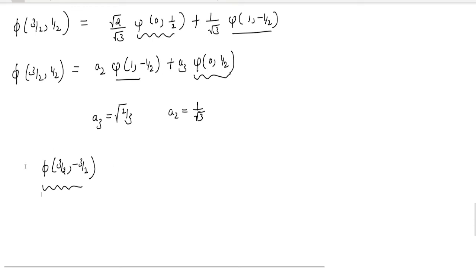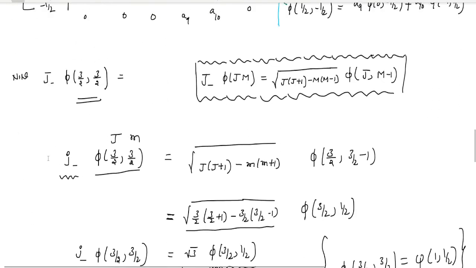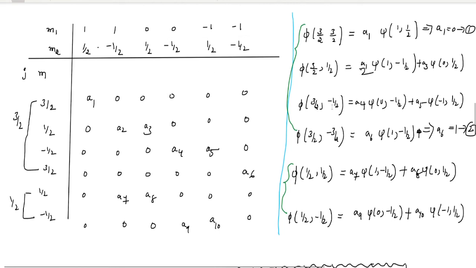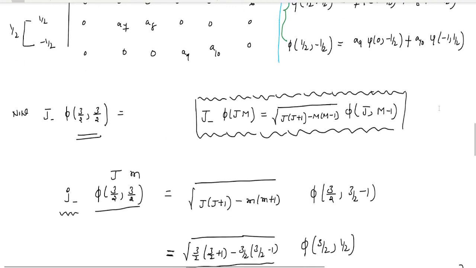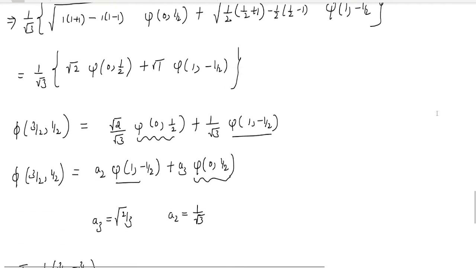In case I apply the j plus operator, we know it will increase by one step, plus 1, then we can get 3 by 2 minus 1 divided by 2. What we want here is the 3 divided by 2 minus 1 divided by 2 state, right? Then we can get A4 and A5 values easily. For that only I am taking this state.